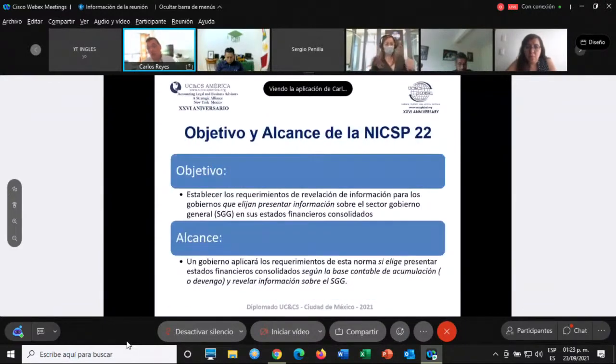And what's the scope of this standard? Any government that chooses to apply the requirements of this regulation, if they choose to present financial statements on the accumulation or accrual accounting base, and disclosing information about the general government sector.